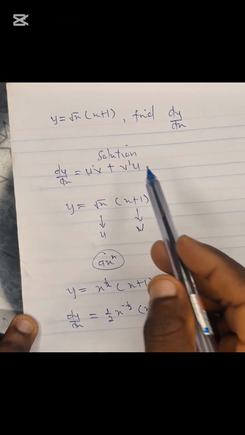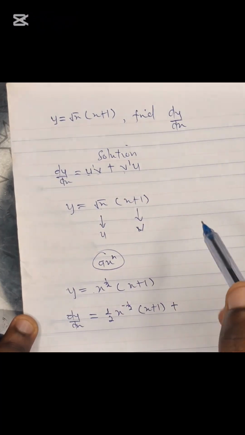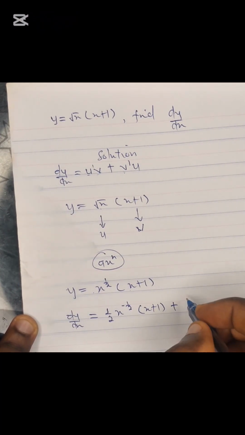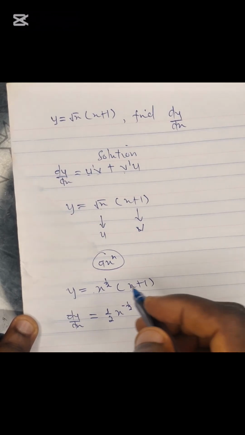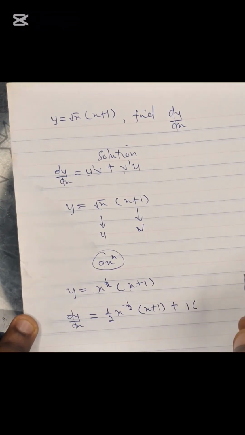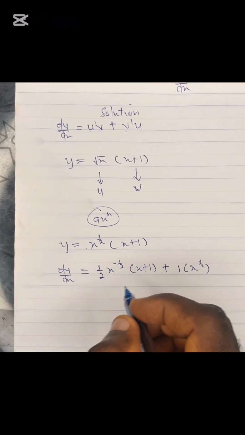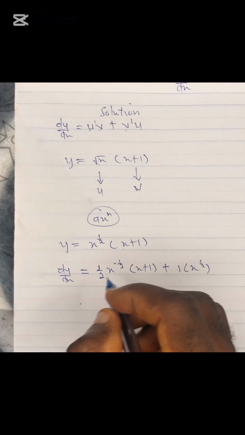Plus, we then go to the second part of the formula, which is v prime. So we differentiate v. V is x plus 1. If you differentiate x plus 1, the result is 1. Then we multiply by u. U is x raised to the power half, so we have x raised to the power half. Then we cannot leave our answer this way, so we have to simplify this one.